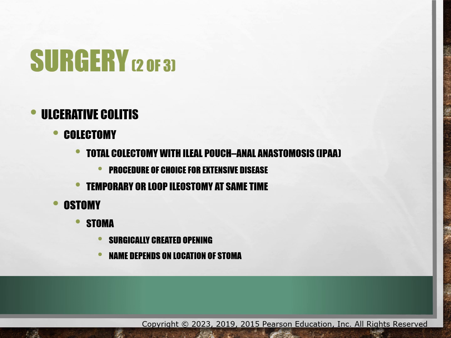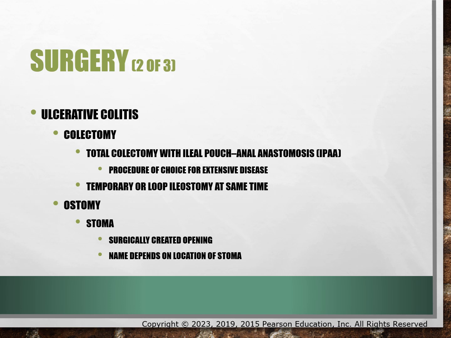In this procedure, the entire colon and rectum are removed, a pouch is formed from the terminal ileum, and the pouch is brought into the pelvis and anastomosed, connected, to the anal canal. A temporary or loop ileostomy, and they show that in a picture below, is generally performed at the same time and is maintained for 2 to 3 months to allow the anal anastomosis to heal.